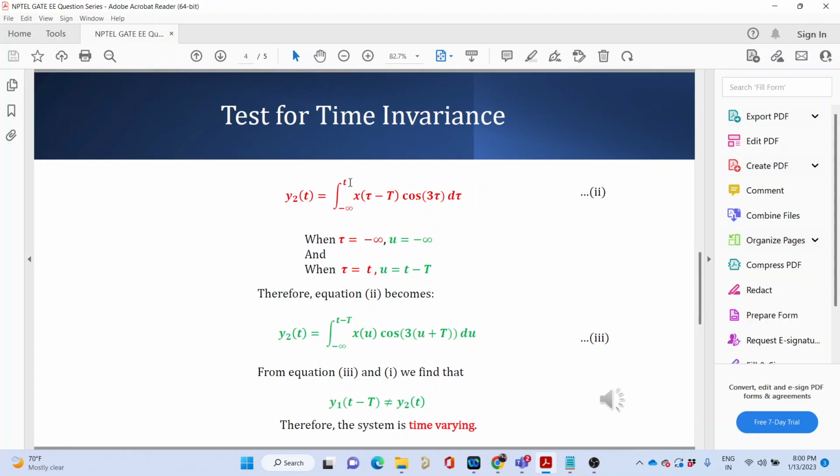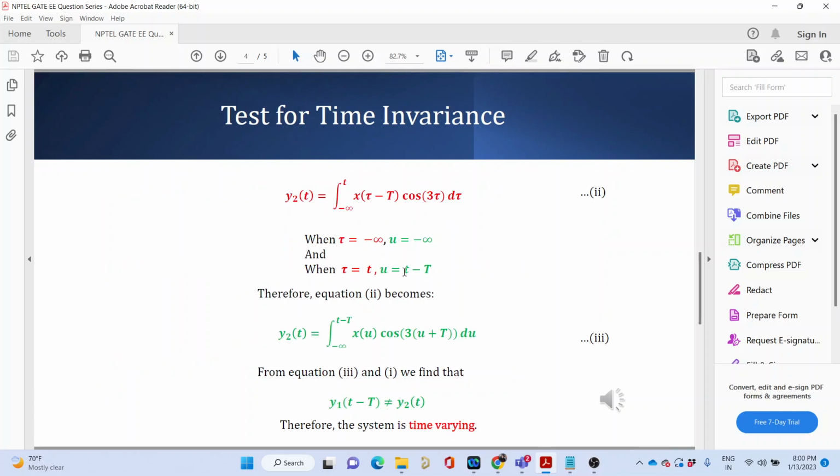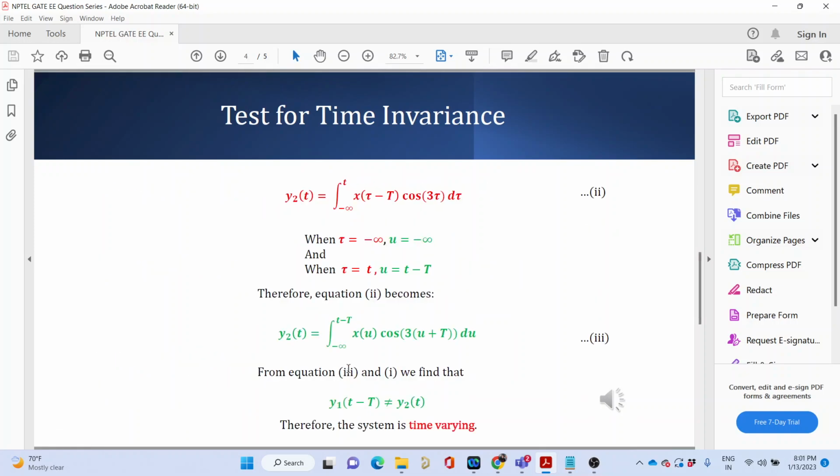And what about the limits? We have already seen that u equals tau minus capital T. When tau is minus infinity, u is also minus infinity. When tau is small t, then u would be t minus capital T, which I have already written over here.